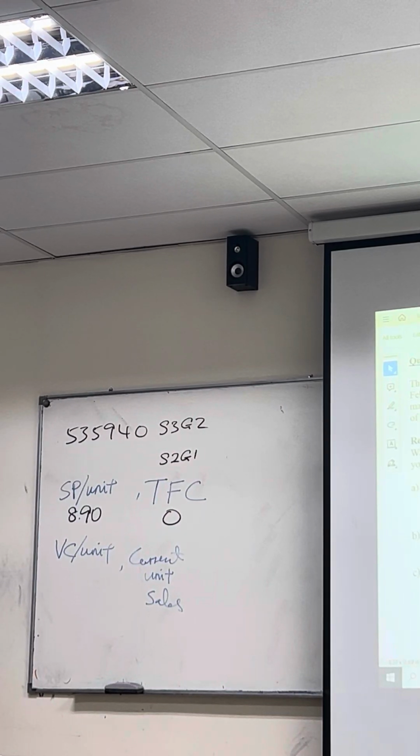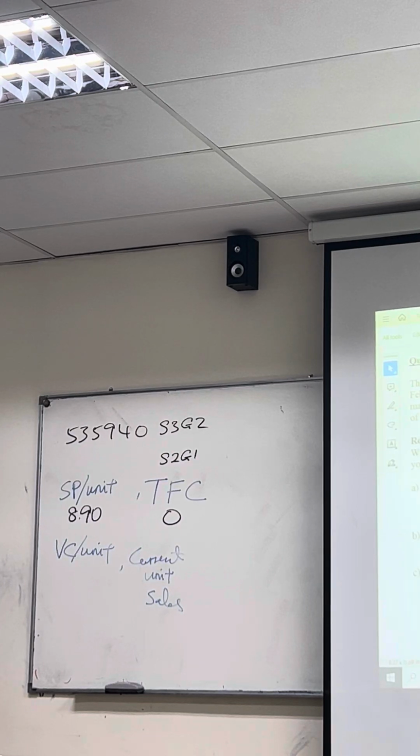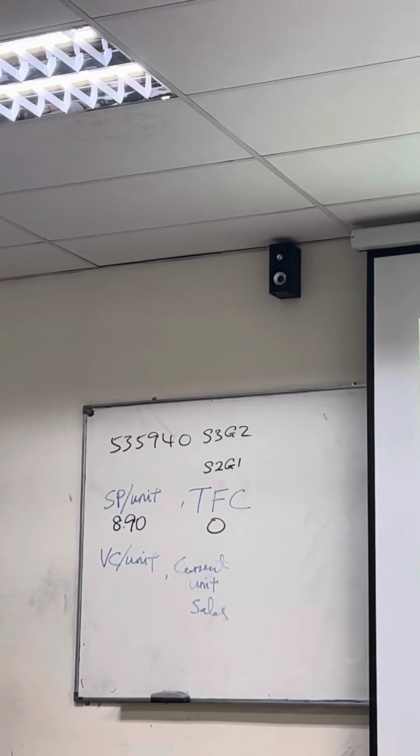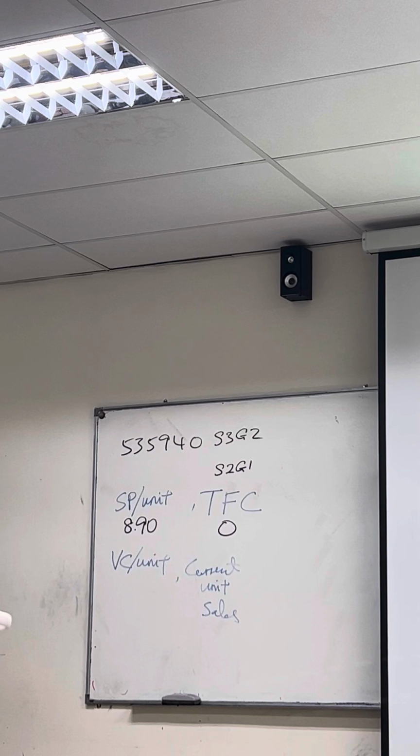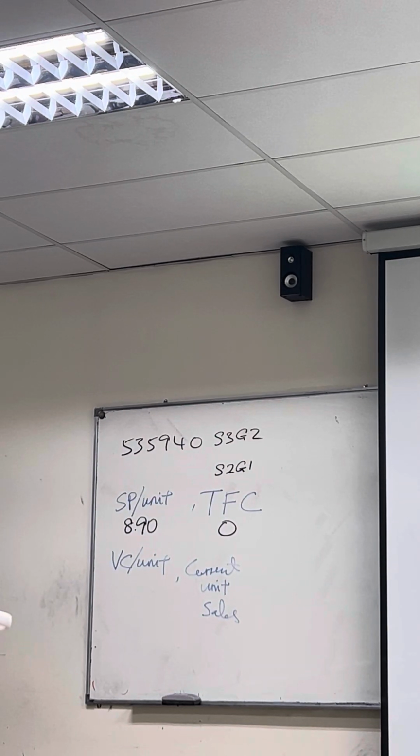The number of units you sold. So price per unit is equal to total sales divided by quantity, isn't it?